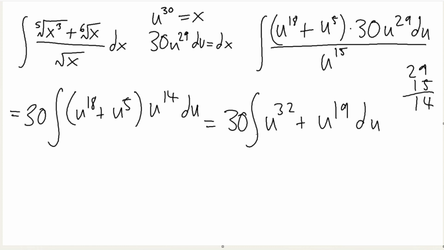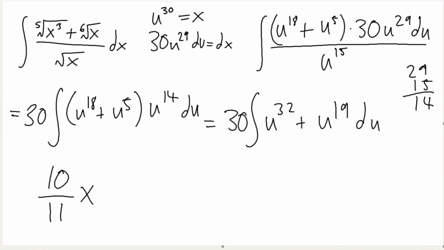Okay, well, we just do power rule. So we have 30 over 33. I'll simplify that as 10 over 11. And then u to the power of 33, that's x to the power of 33 over 30. Oh, it's a reciprocal.